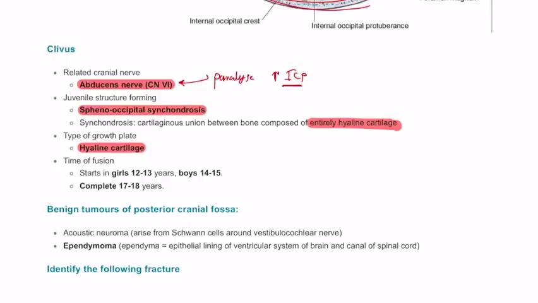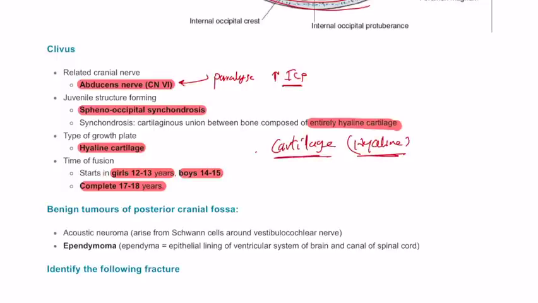It's 12, 13 years in girls, 14 and 15 in boys, and complete by 17, 18. So basically, what are we trying to say here? That this is actually a cartilage, the clivus cartilage, or in other words hyaline cartilage, that fuses together to form a bone by the age of 12, 13, 14, 15, with completion by 17, 18 in both sexes.